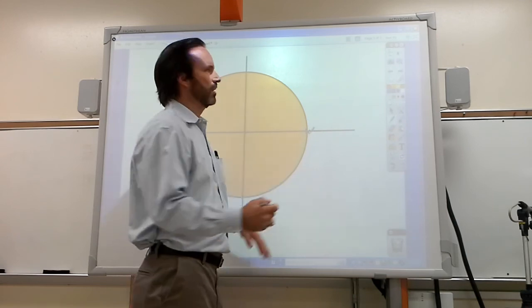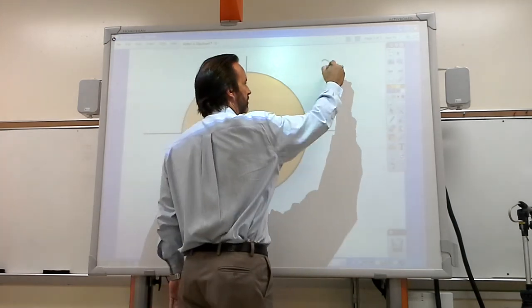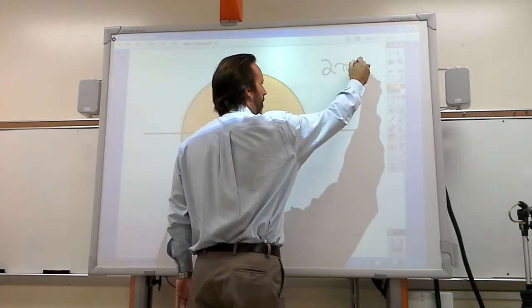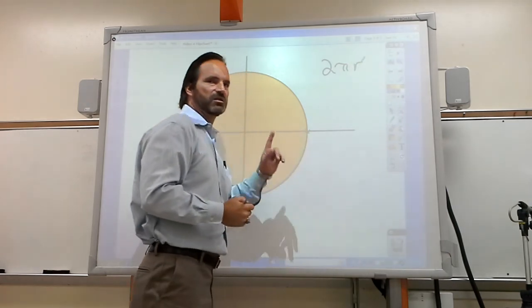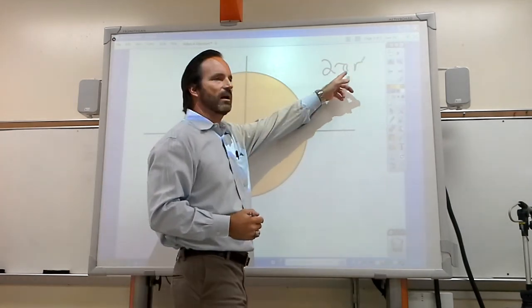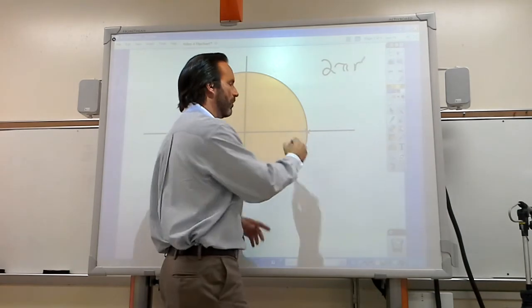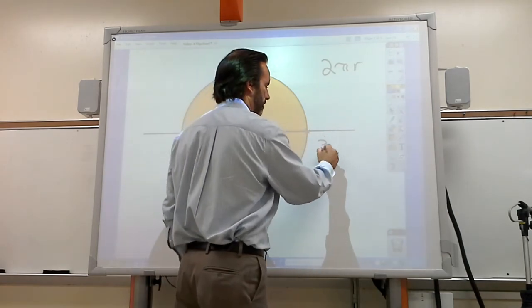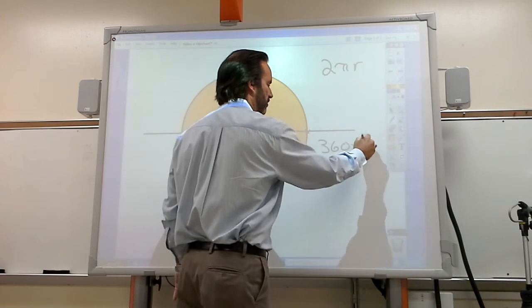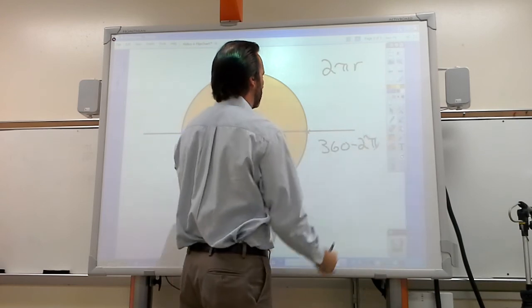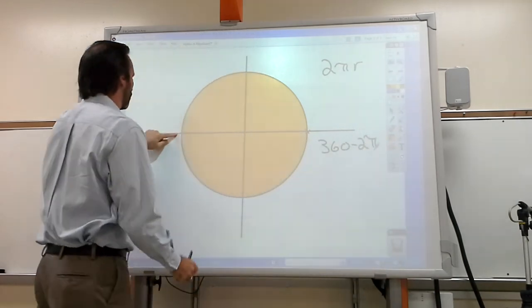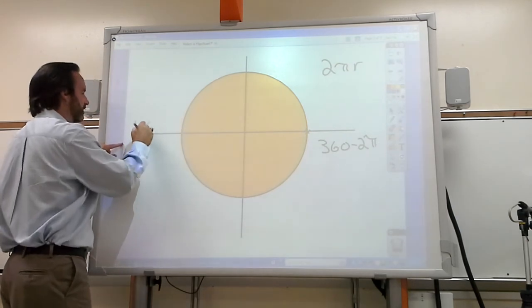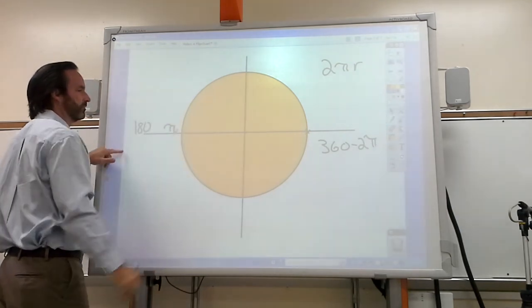Remember, all the way around the circle is 2 times pi times r, and our radius is 1, so 2 times pi times 1 is 2 pi. So all the way around the circle is 360 degrees, or 2 pi. So halfway around the circle we know is 180 degrees or just pi.